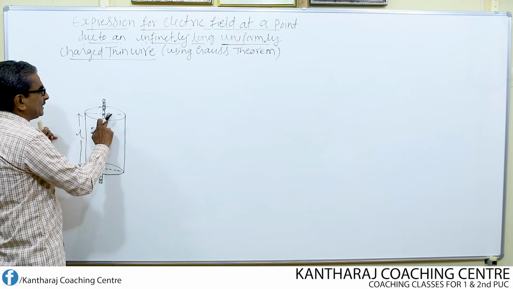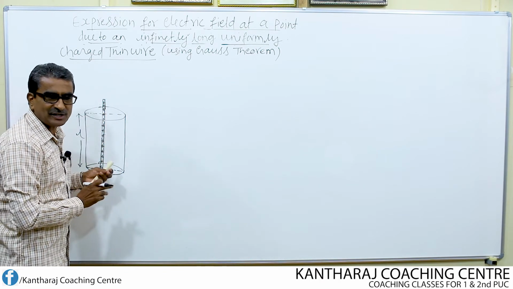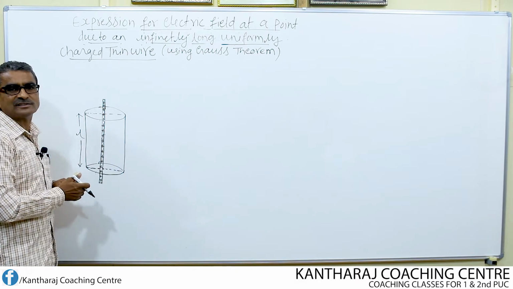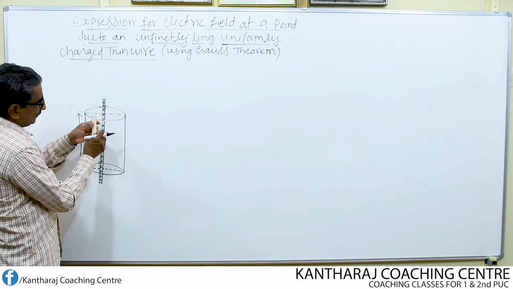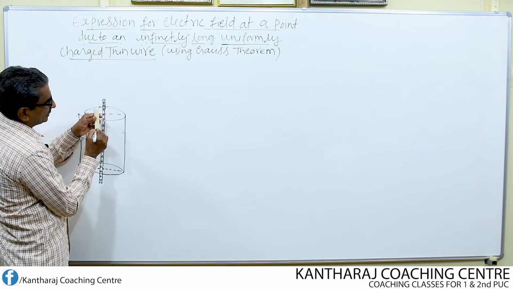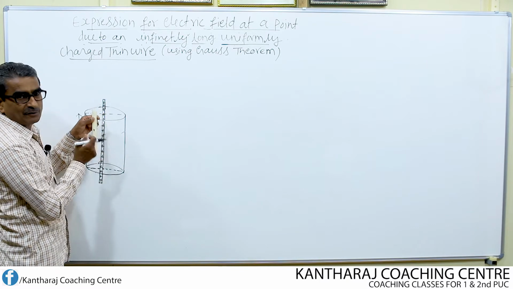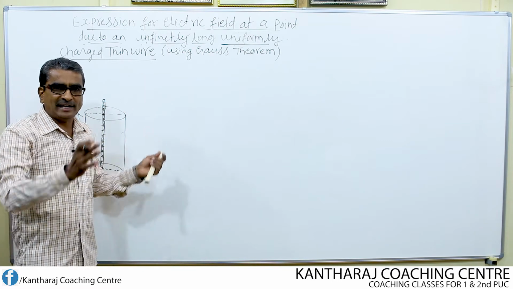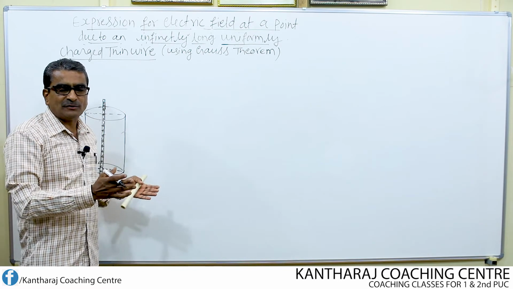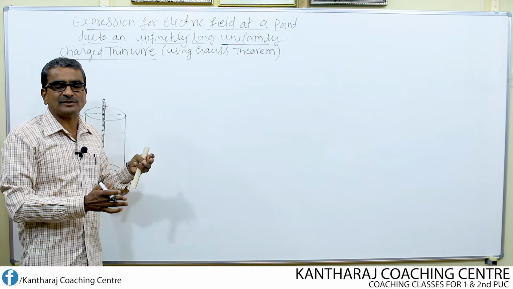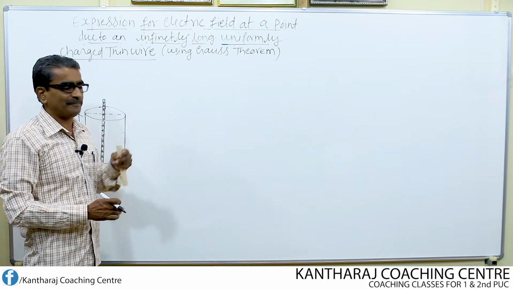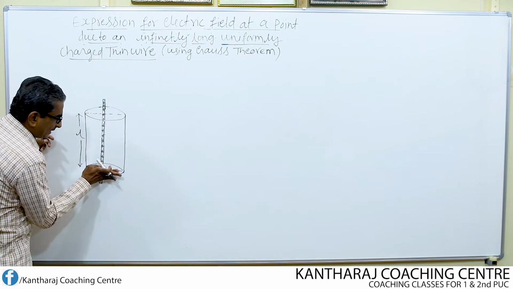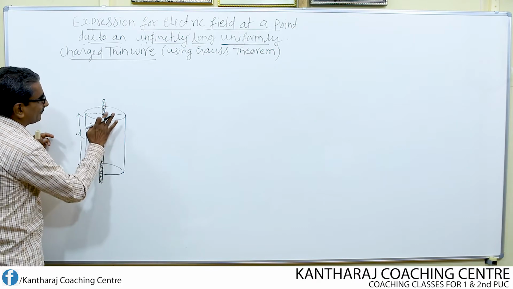That means from the top face, what is the flux that's emerging, and from the bottom, what is the flux that is emerging, and from any one point on this curved face, what is the total flux. You find out, then add it up. If I add all these flux, then that's going to give us total flux. Then we can apply the Gauss theorem. So let us remove this for the time being.